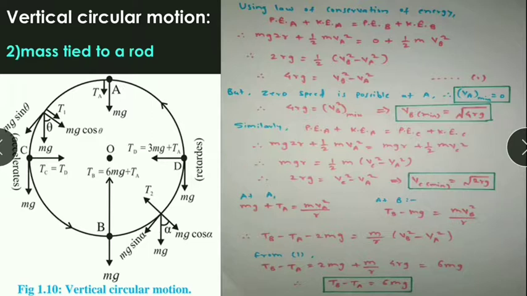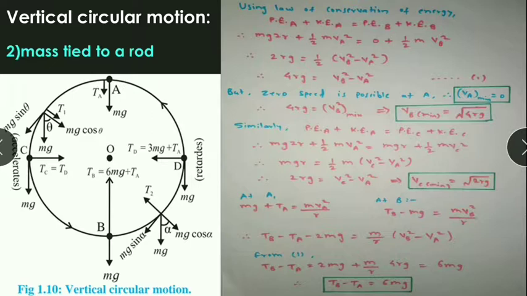Therefore, mgr is equals to half m into vc square minus va square. Here m gets cancelled. Therefore, 2rg is equals to vc square minus va square. But va is equals to 0. Therefore, vc minimum is equals to square root of 2rg.